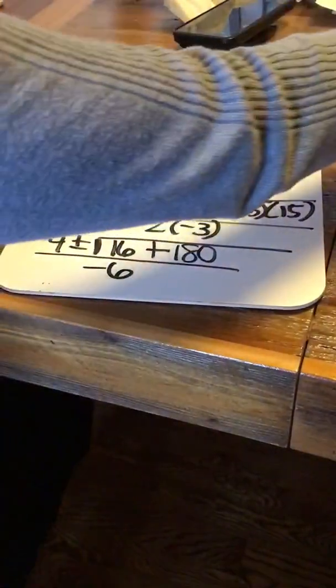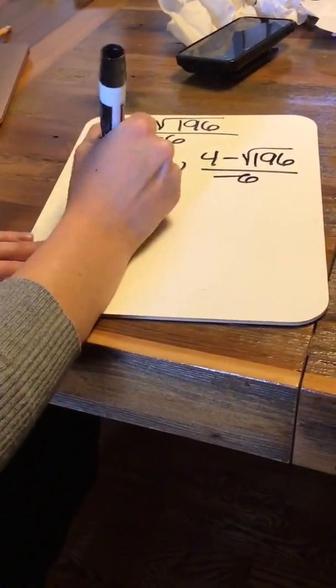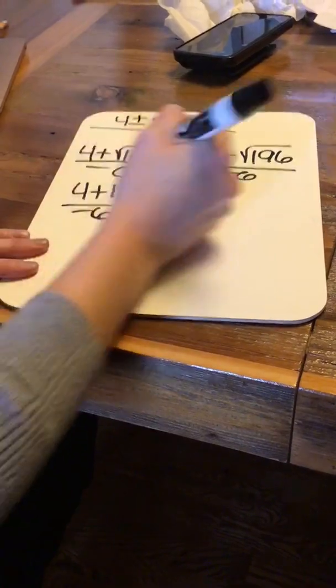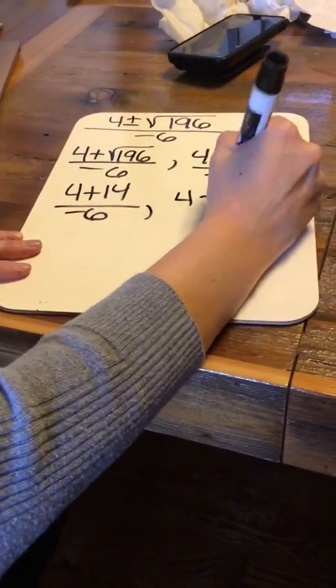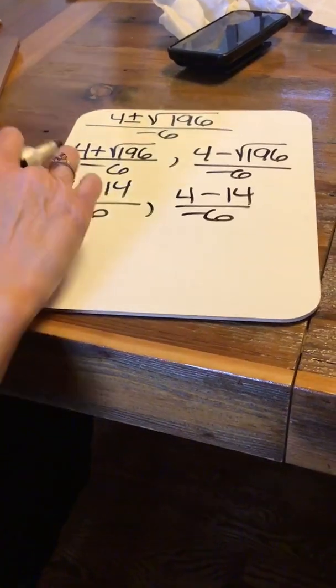Please remember that you're always going to get 2 answers for these quadratic equations. Now, this one happens to be that the square root of 196 is a perfect square. It's 14. So this becomes 4 plus 14 over -6 and 4 minus 14 over -6. I do need to finish this. So what's 4 plus 14?